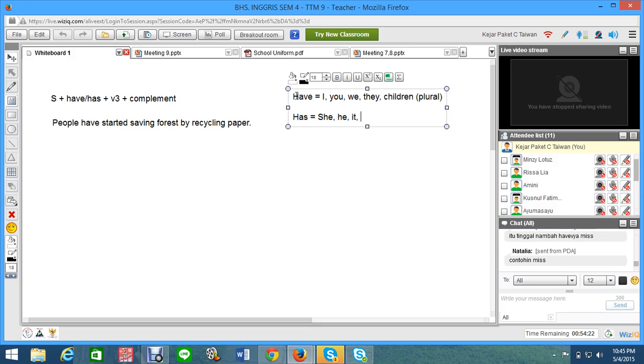Okay, like Santi, kid, mother, should be singular. Okay, you get it? So the complementnya di sini adalah saving forest by recycling paper.